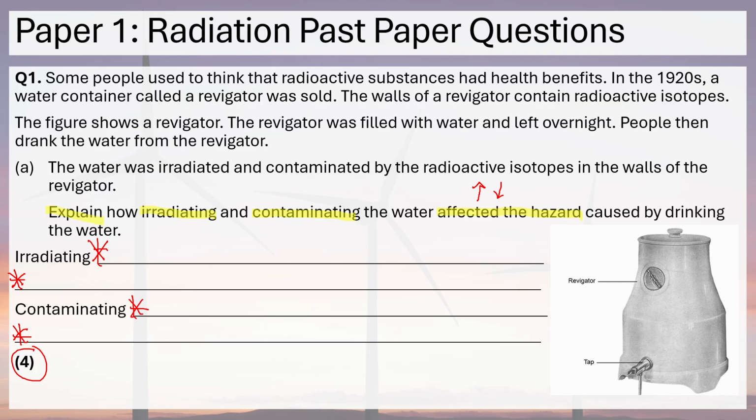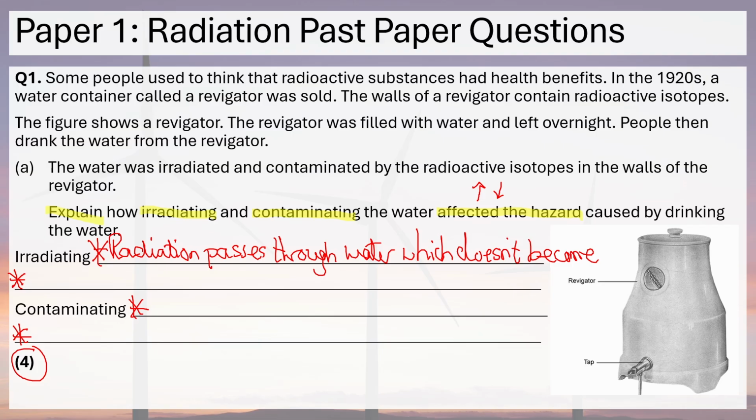So starting with irradiation, the radiation will pass through the water and the water doesn't become radioactive. So that's the key thing about irradiation. You're not making anything radioactive, you're passing radiation through.